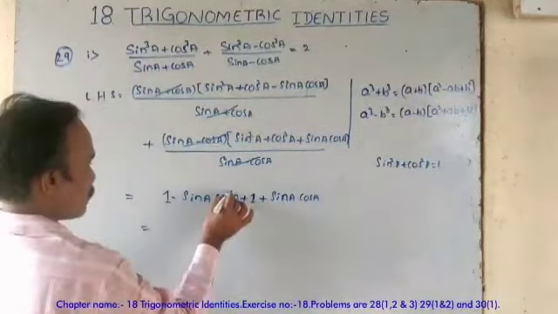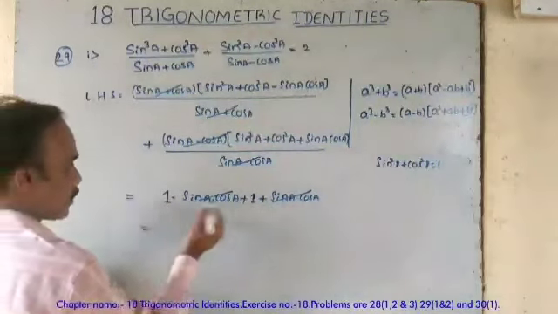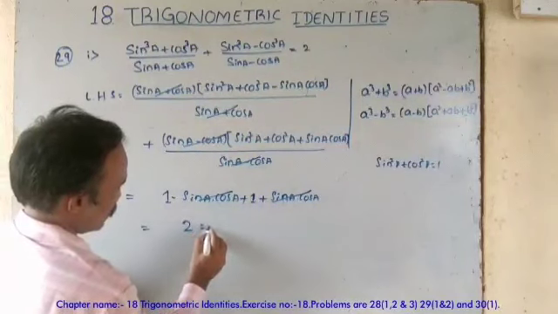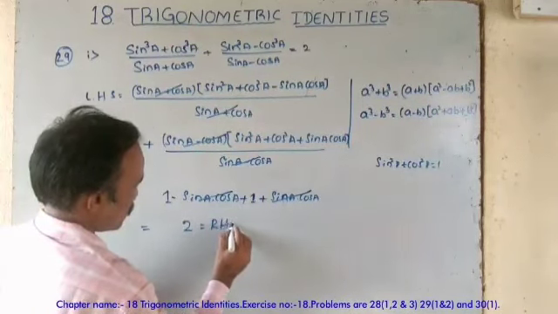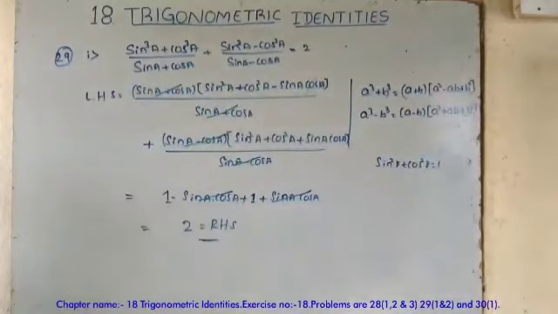Now minus sin A cos A plus sin A cos A gets cancelled. 1 plus 1 is 2. So this is equal to RHS, what we require. This is a very simple question.